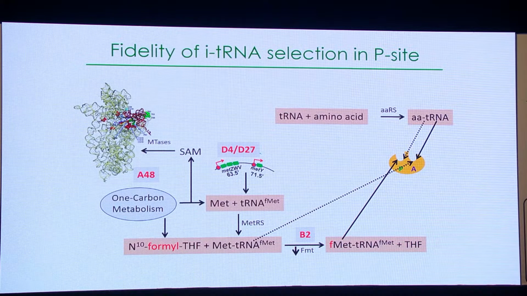The other thing that I have not talked about in much detail here is that 1-carbon metabolism is also producing S-adenosyl methionine, and S-adenosyl methionine is used as a cofactor for many of the methylations in ribosomal RNA, and they also confer fidelity of initiator tRNA binding.